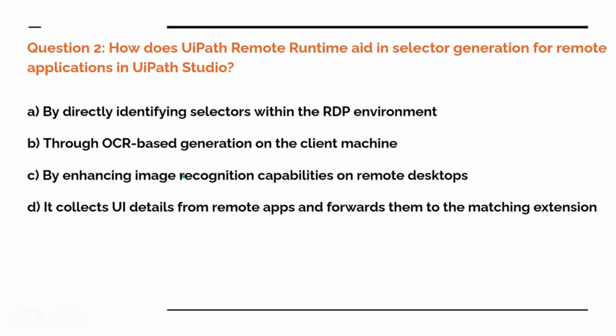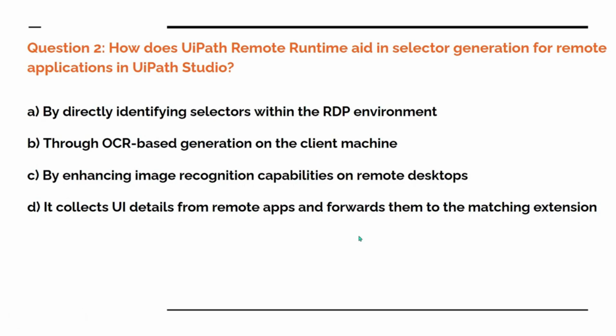C, by enhancing image recognition capabilities on remote desktops. Image recognition, does it work on that? Or option D, it collects UI details from remote apps and forwards them to the matching extension on the client machine. Okay, here a few words are missing: on the client machine, or the local machine where the developer is using Studio. Now, out of all this, which is the right answer?